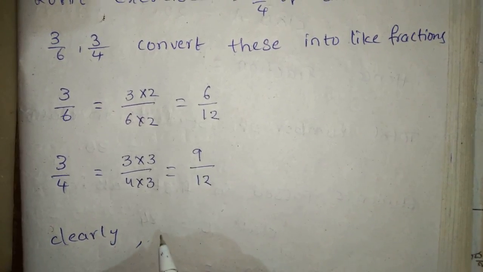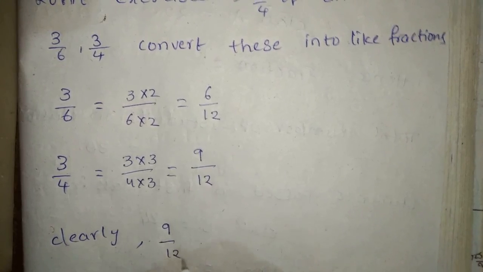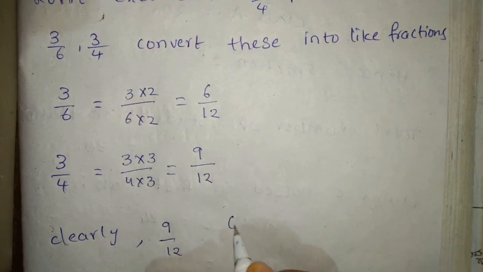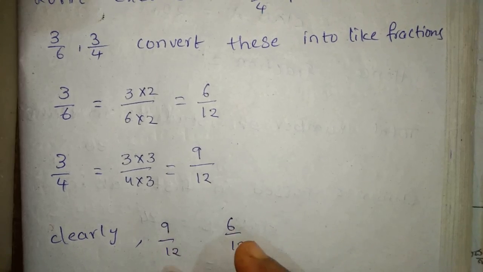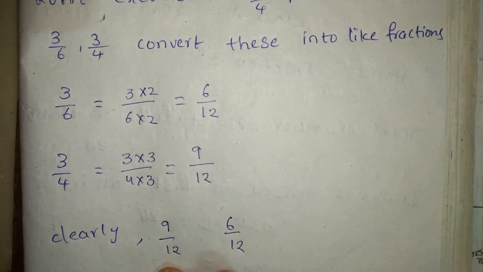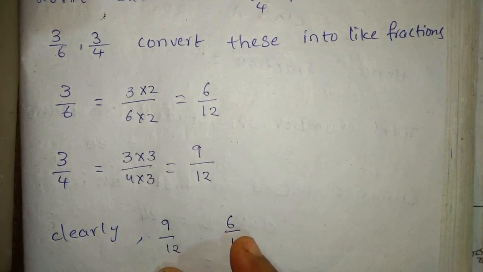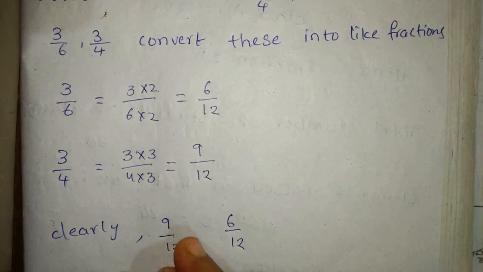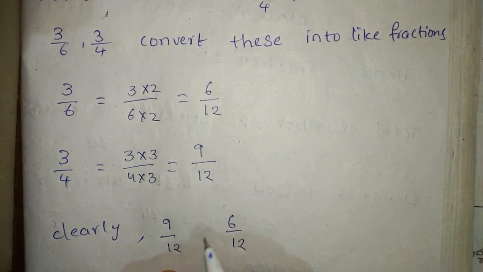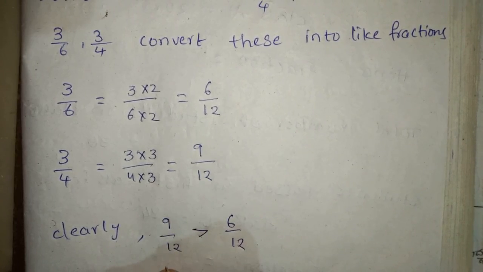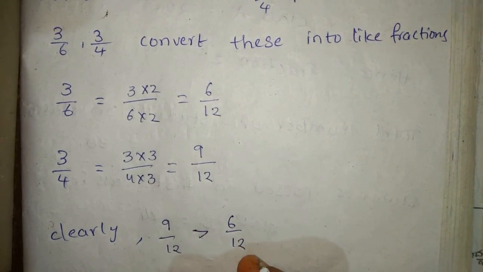Clearly 9 by 12, here 6 by 12. Here the denominators are both equal. So we compare the numerators 9 and 6. Clearly we know 9 is greater than 6. So 9 by 12 is greater than 6 by 12.